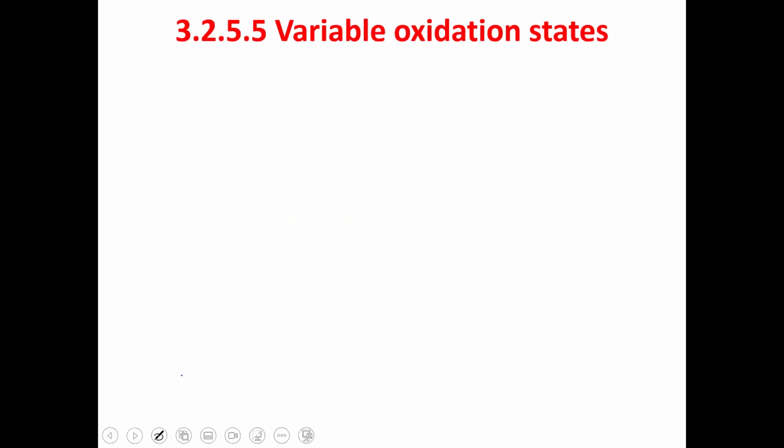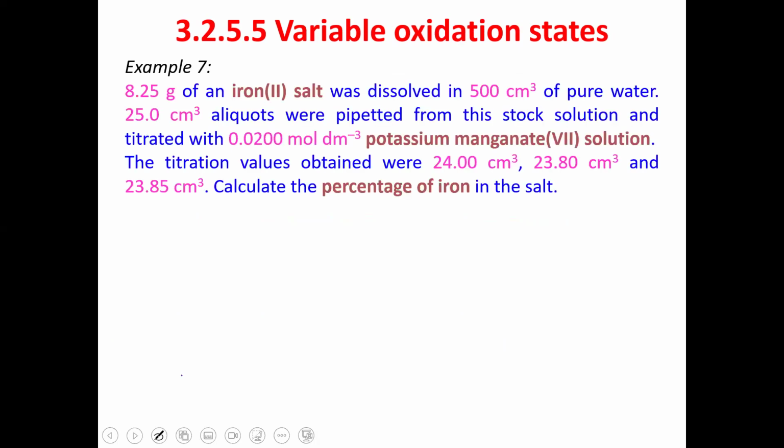Now, variable oxidation state. What was the concept of variable oxidation state? Some elements like iron, chromium, especially transition elements, show multiple oxidation states. How can they show multiple oxidation states? Like if I take iron, iron can show Fe2 plus, iron can show plus 3.